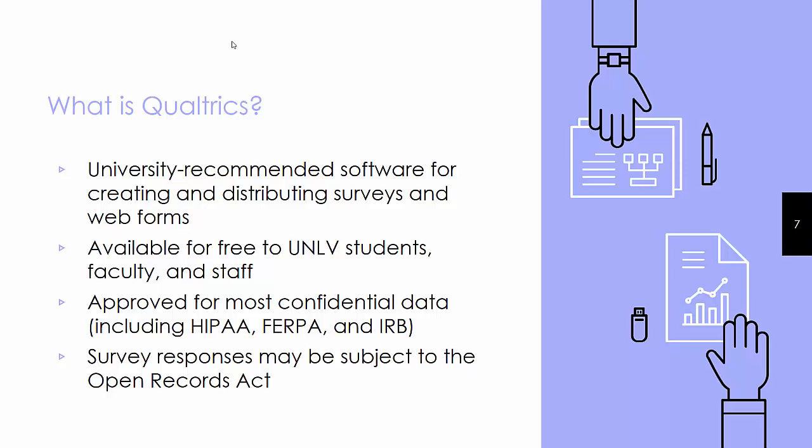Due to its structure, the way that Qualtrics the company is built and maintained, it is approved for most confidential data, including HIPAA, FERPA, and IRB. However, some survey responses may be subject to the Open Records Act, which means that someone can subpoena your records. So if you're doing a very confidential study, for example, something about drug use, which might get people into trouble, you can request an advanced IRB protection.